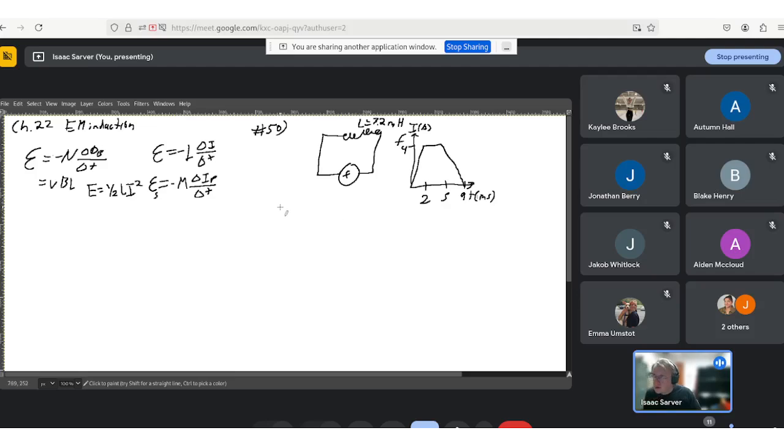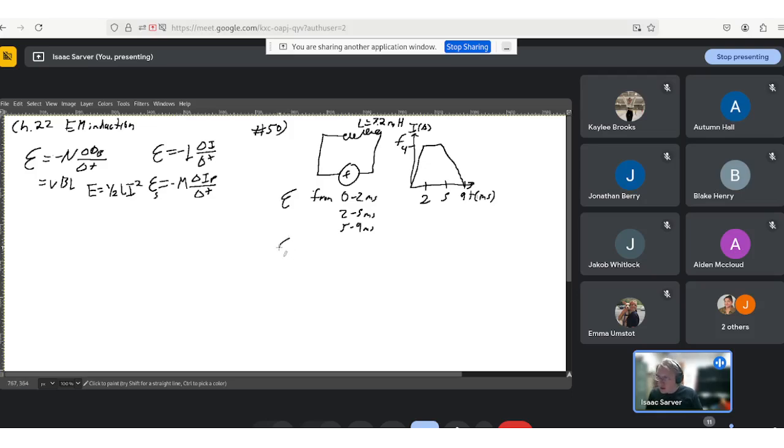So, the problem would like to know, what is the EMF from 0 to 2 milliseconds, 2 to 5 milliseconds, and 5 to 9 milliseconds. Okay.